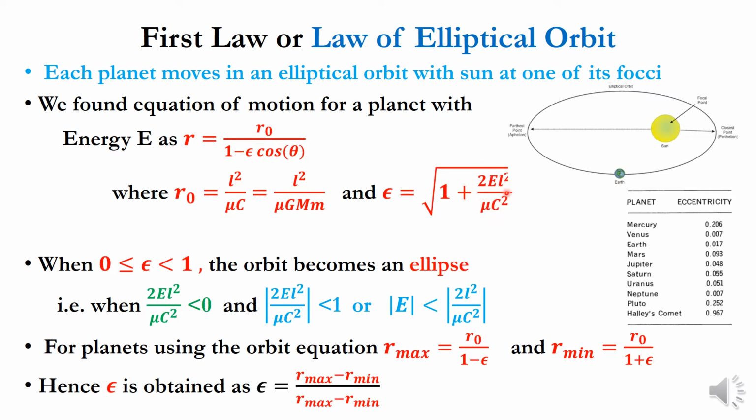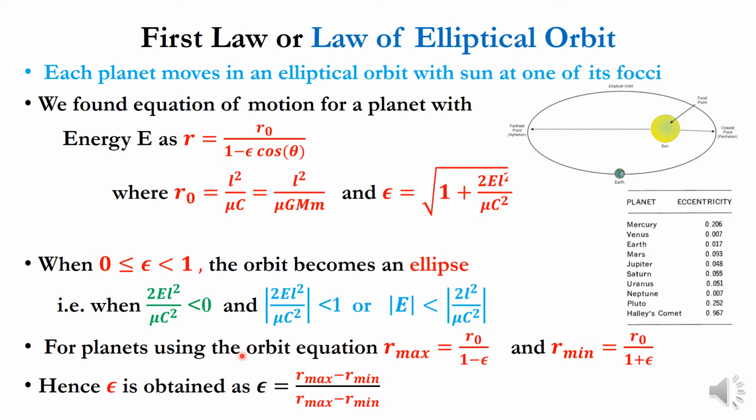For example, if this is minus 0.5, then the value inside the square root will be 1 minus 0.5, that is plus 0.5, like that. So for this condition, this E must be less than this one.